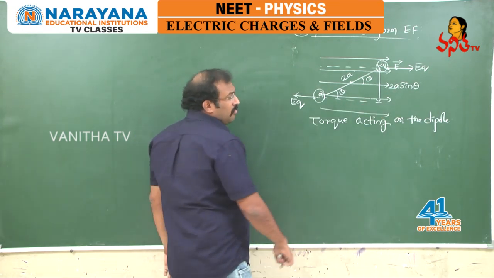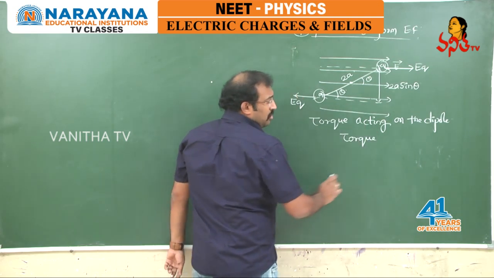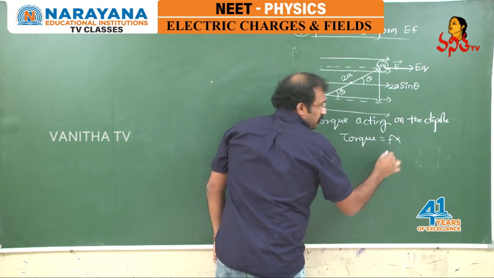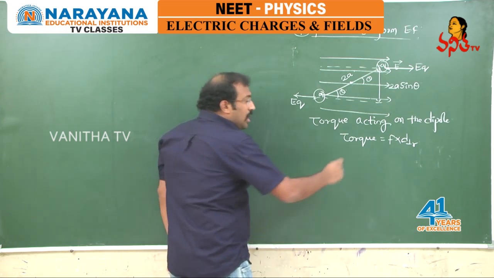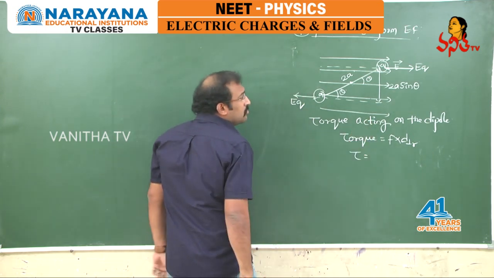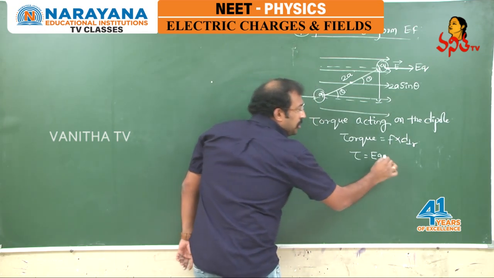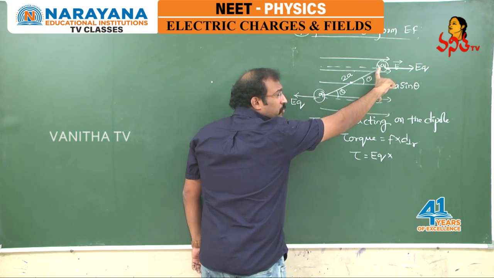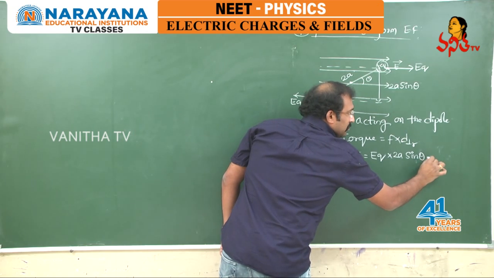Now we know that the torque is given by force into perpendicular distance. So torque tau is equal to the force EQ into the perpendicular distance between the lines of action, 2a sine theta. This is equation 1.